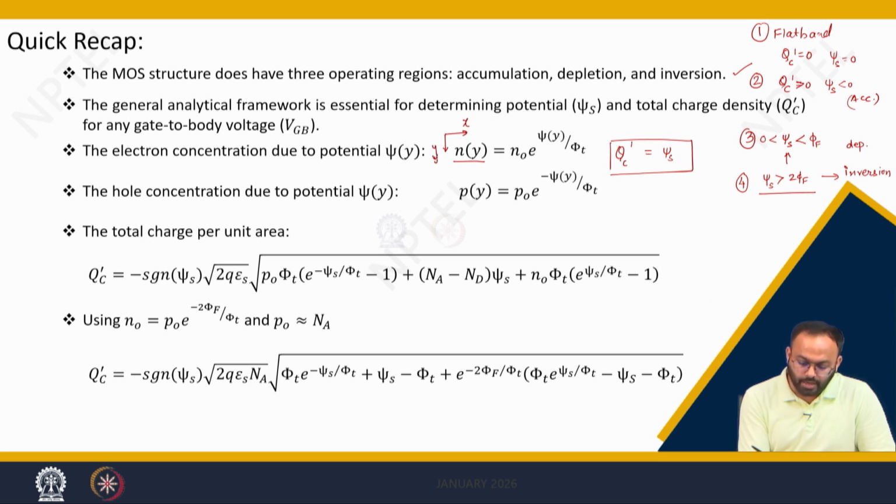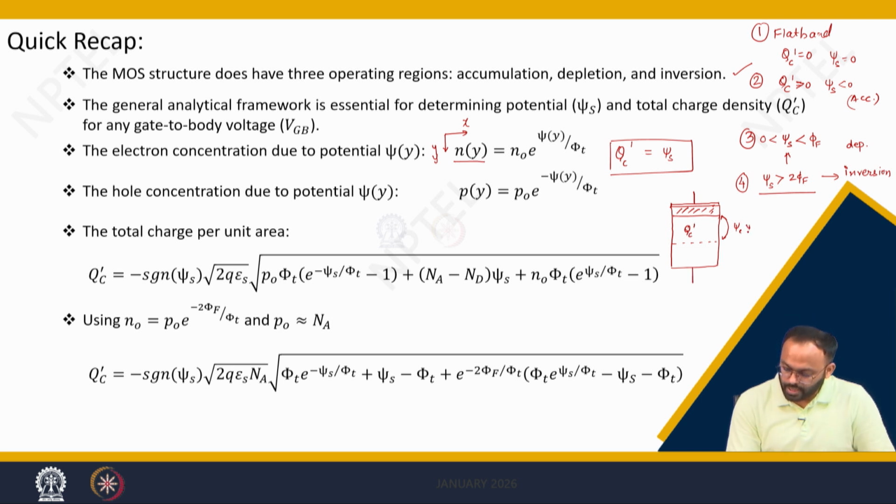By considering a general formulation of electron concentration, we said that n(y) is equal to n naught exponential of psi y by phi t, where psi y is the potential measured from the surface to deep in body. This is your metal, oxide, and here the channel charge comes into picture. This is your psi y.